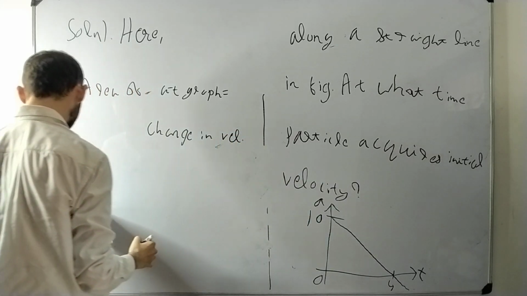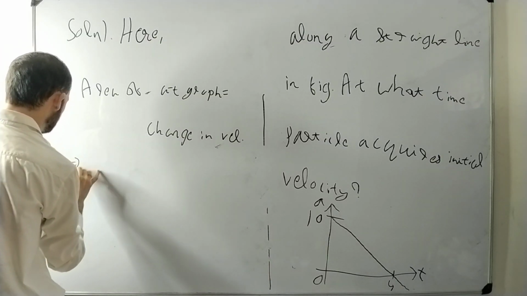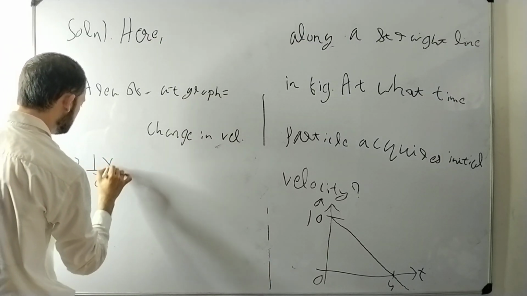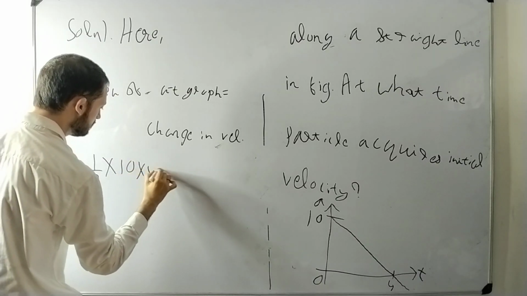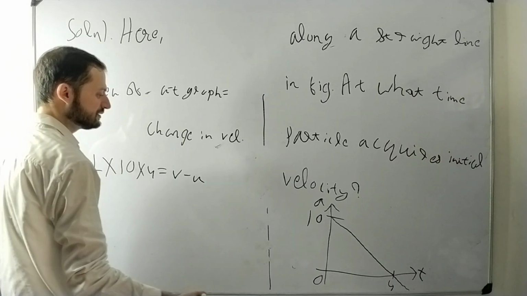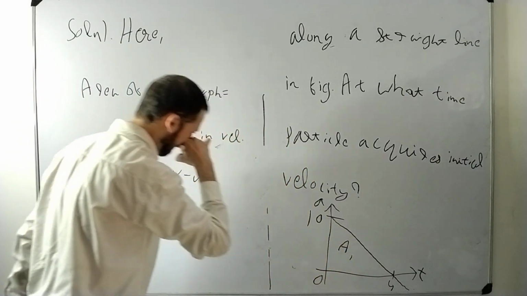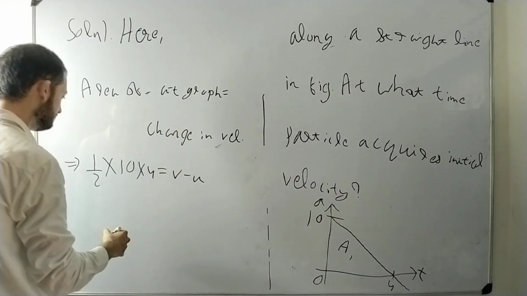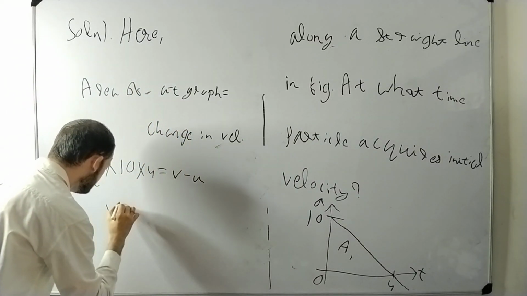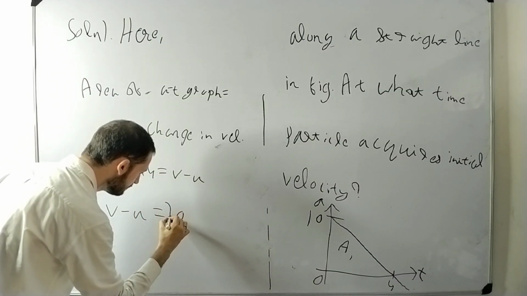V minus u. Put the values here. So putting half, 10, 4, this gives V minus u of this diagram, students. So this is A1. Okay. Yes, sir. This becomes V minus u, and this becomes, yes, 20.